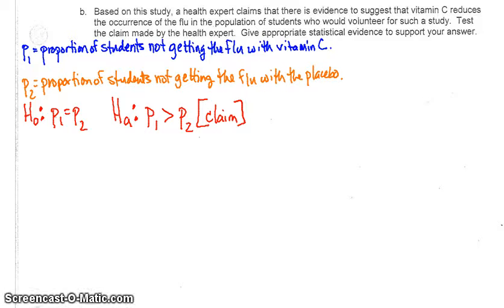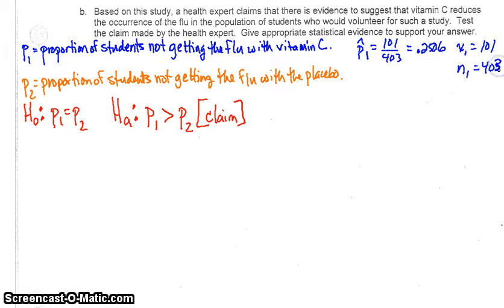So then we look at our summary stats real fast. So we have p hat sub 1 is equal to 101 over 403, which is 0.2506, which means our x1 is equal to 101 and our n1 is equal to 403. There we go.